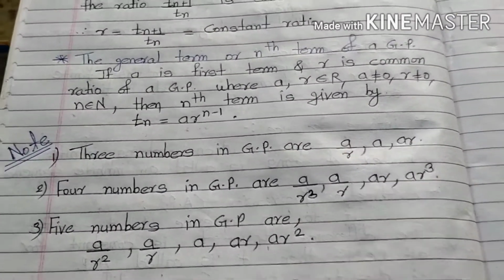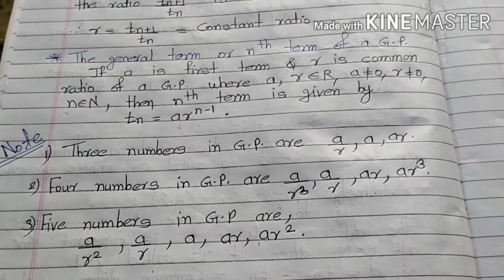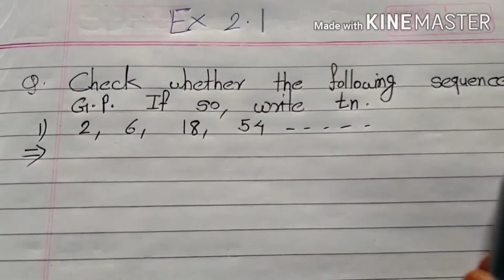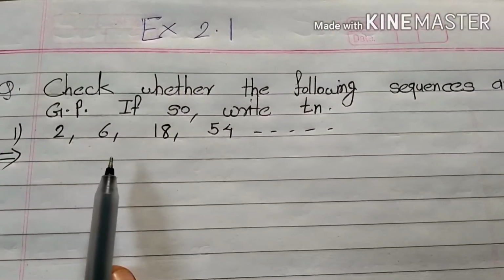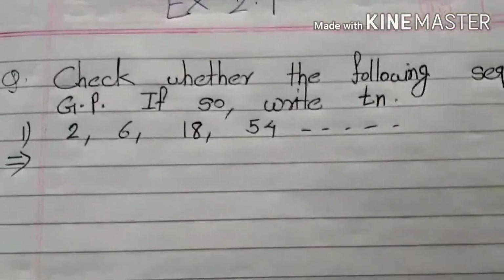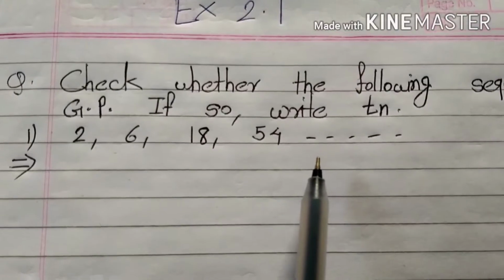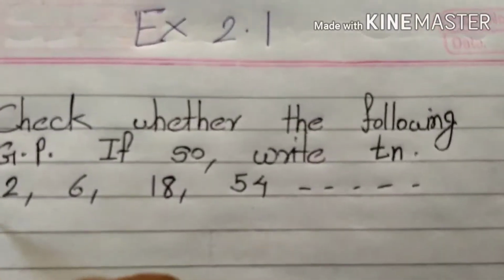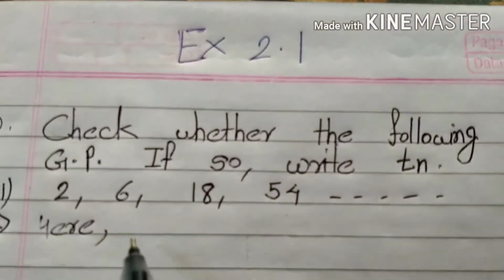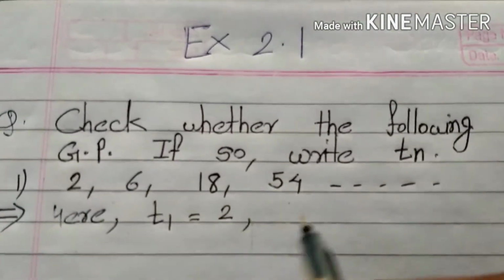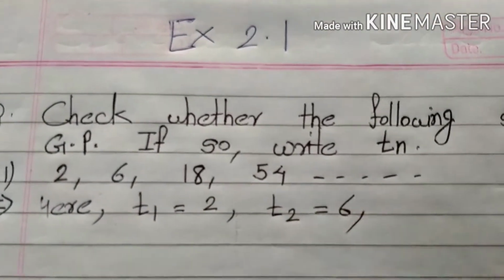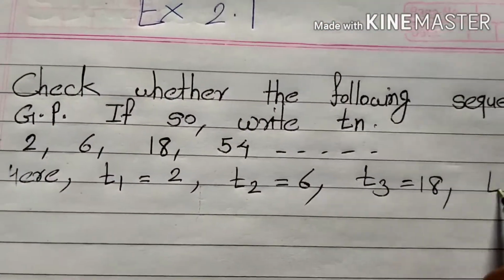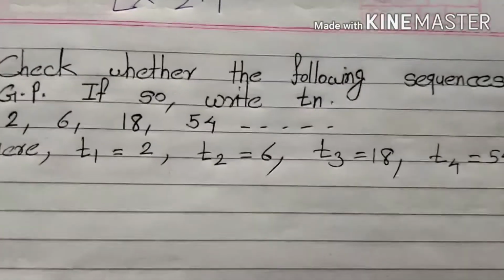So our first exercise is 2.1, and there are some problems from exercise 2.1. Our first example is: check whether the following sequence is GP. If so, write Tn. So here we have to check whether the given sequence is GP or not. Let T1 is equal to 2, T2 is equal to 6, T3 is equal to 18 and T4 is equal to 54 and so on.